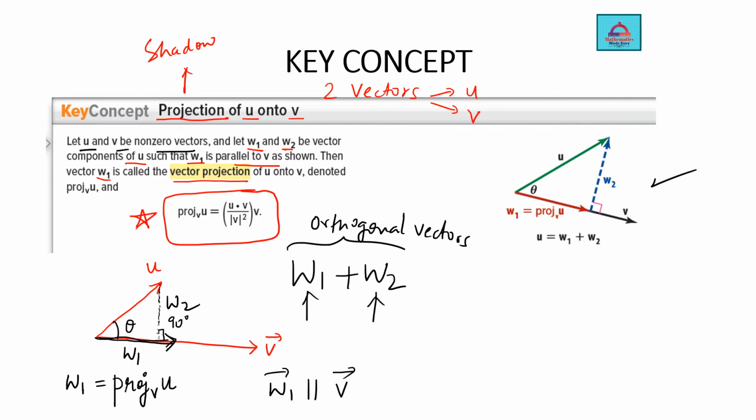So this w1 is the projection of vector u onto v, which is equal to, now let's look into the formula, u dot v, take in the numerator the dot product, divide by the absolute value square of v and multiply the whole thing by v. So denoted by this projection. This is your important key concept.